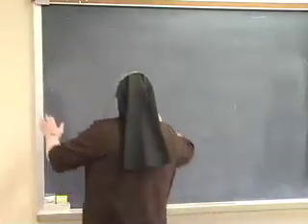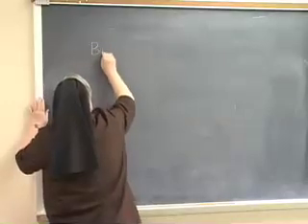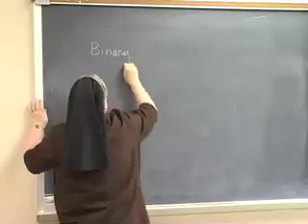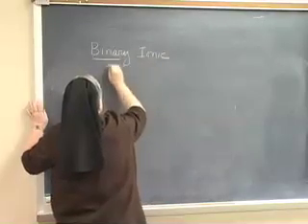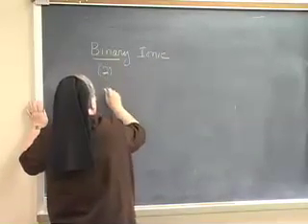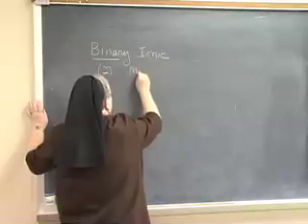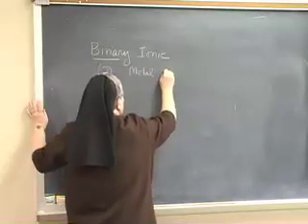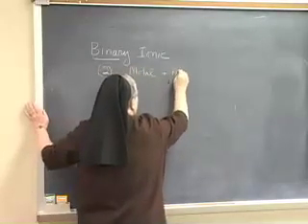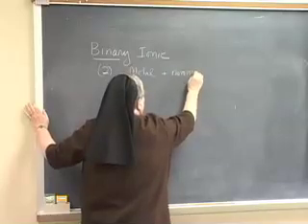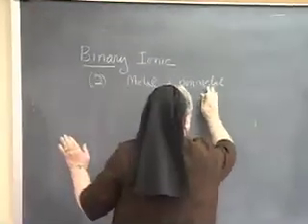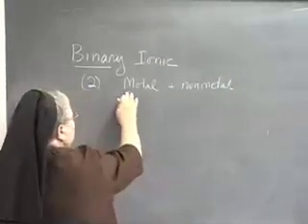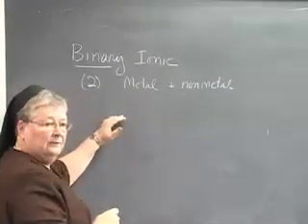So the first type is binary ionic. So binary means 2. And the 2 is going to be a metal plus a nonmetal. And of course, the metal could be type 1 or type 2.